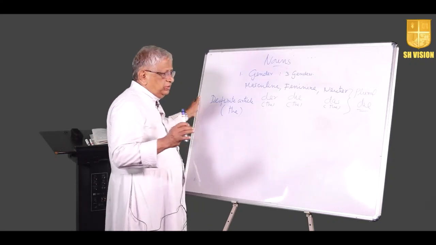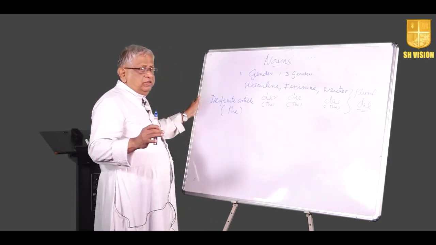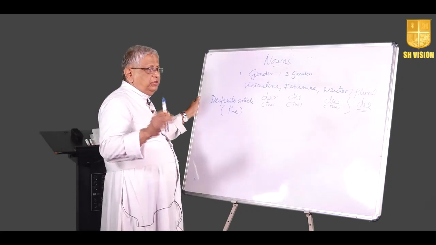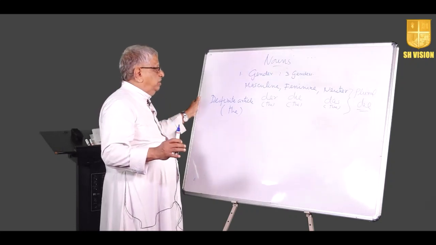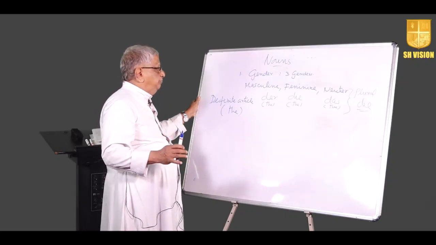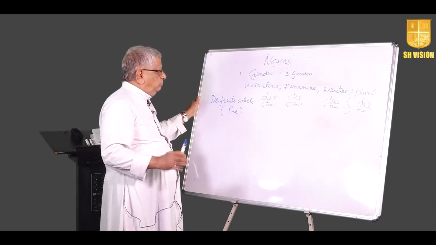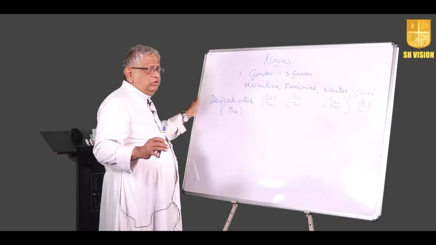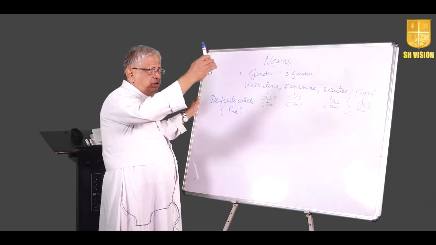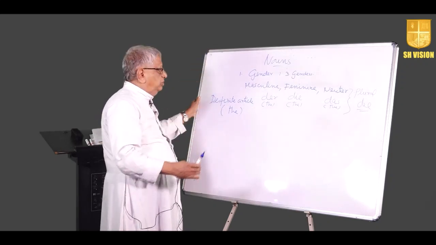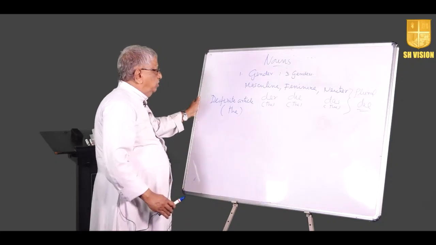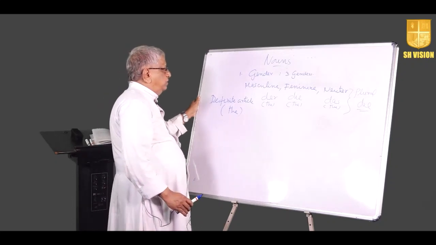So always learn German nouns with the definite article. Der, die, das. You don't see a noun standing alone anywhere. It is always with the definite article.